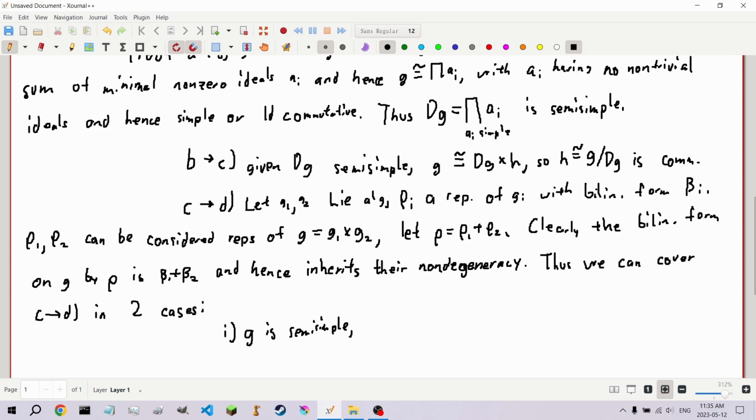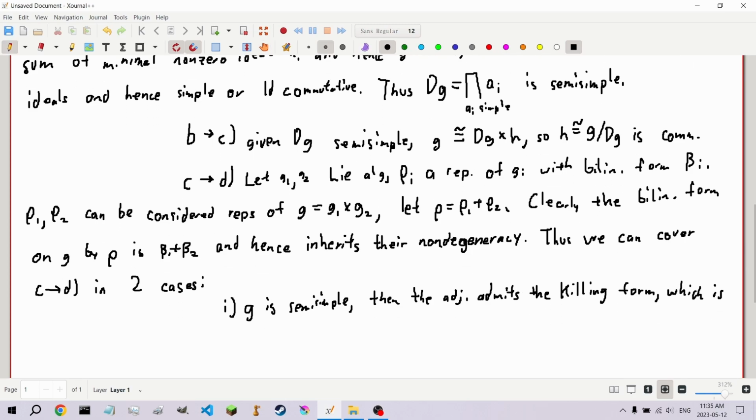Then the adjoint representation admits its bilinear form, which is the Killing form, which we know is going to be non-degenerate on a semi-simple algebra.